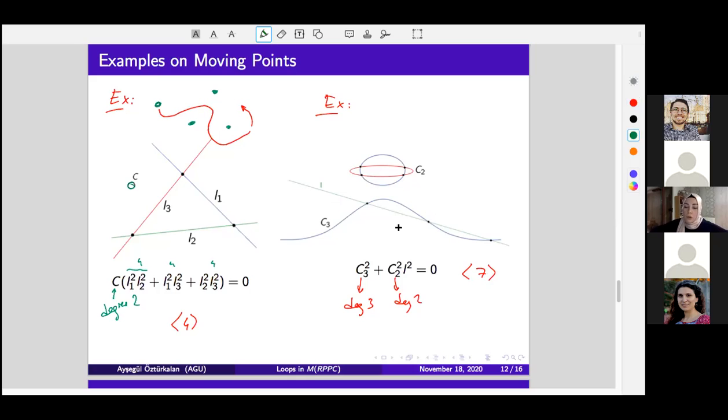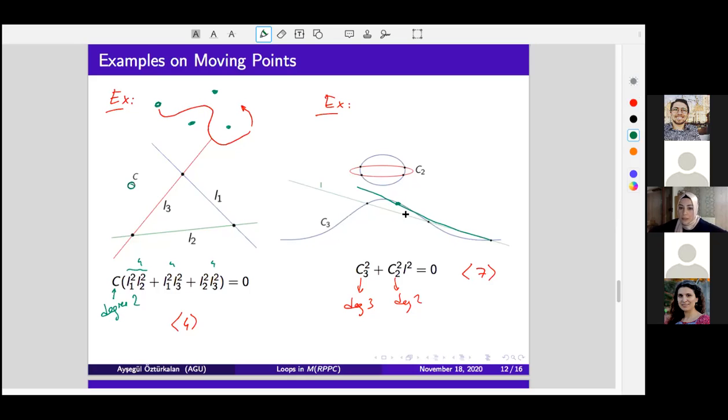How do they move? For example, if I want to change the line, how can I change? When I change this line, at some point, it becomes hard to draw a line, probably. At some point, it has tangency. Can you see? So it's not very nice to move this line.